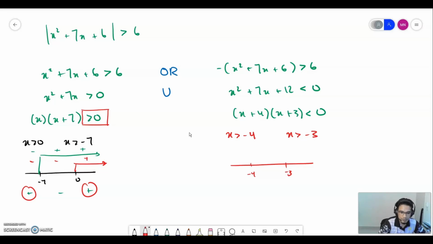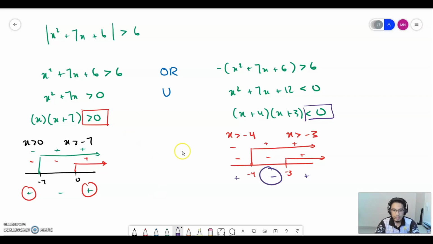So it should be bigger than negative 4, so positive, positive, negative, bigger than negative 3 is positive, negative, and negative. So we have a positive, negative, positive right here. So we want an answer that is less than 0, so we choose the negative part.